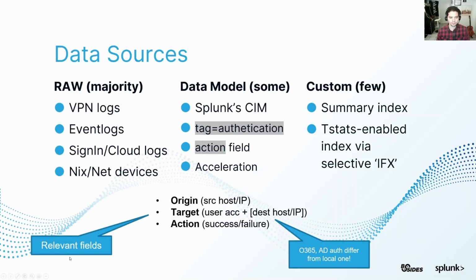When we talk about relevant fields, as I said, we have the origin, meaning the source host or the source IP. We have the target, meaning a user account. This can also be a combination of the user account and the destination host or destination IP. Think about, for example, a Unix system that is not part of Active Directory. You also need to take into account the destination hosts as part of the target. And of course, we also have the action field, basically the outcome of the attempt, whether it was successful or it has failed.